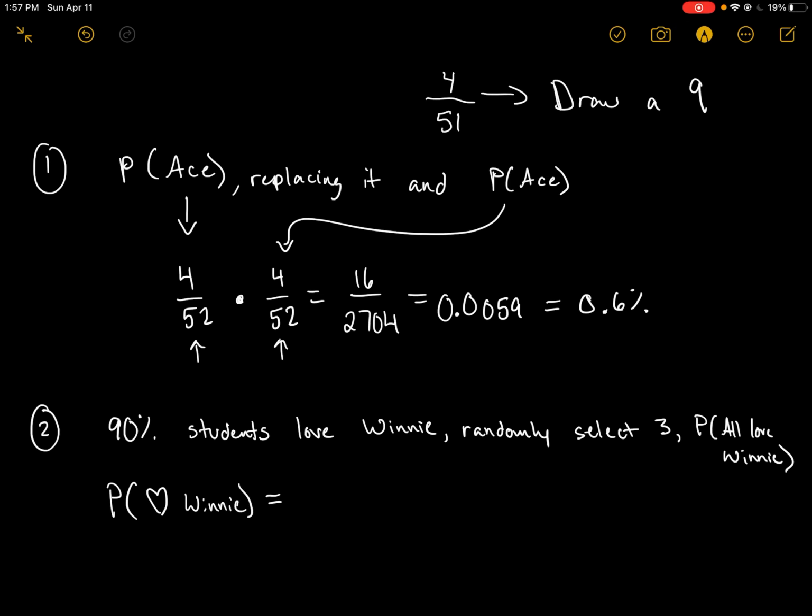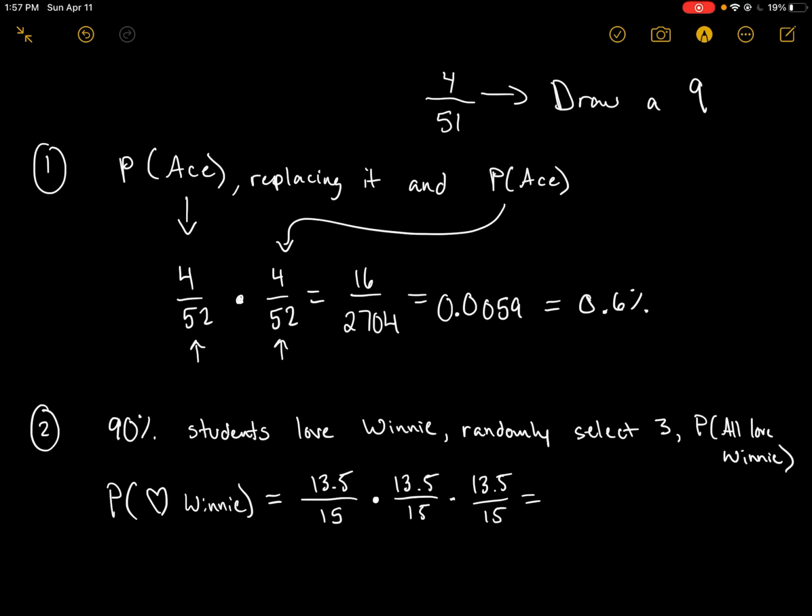So in this case, we would calculate our probability of loving winning by taking the number of students that we have in our geometry class here. So we'll say out of 15, 13 and a half, sorry, would be the correct number. So that's 90% of 15.